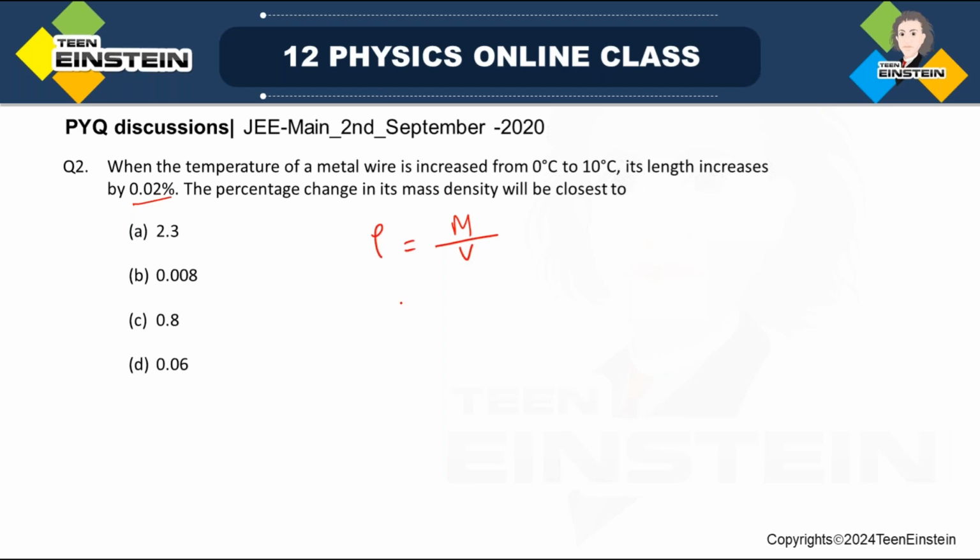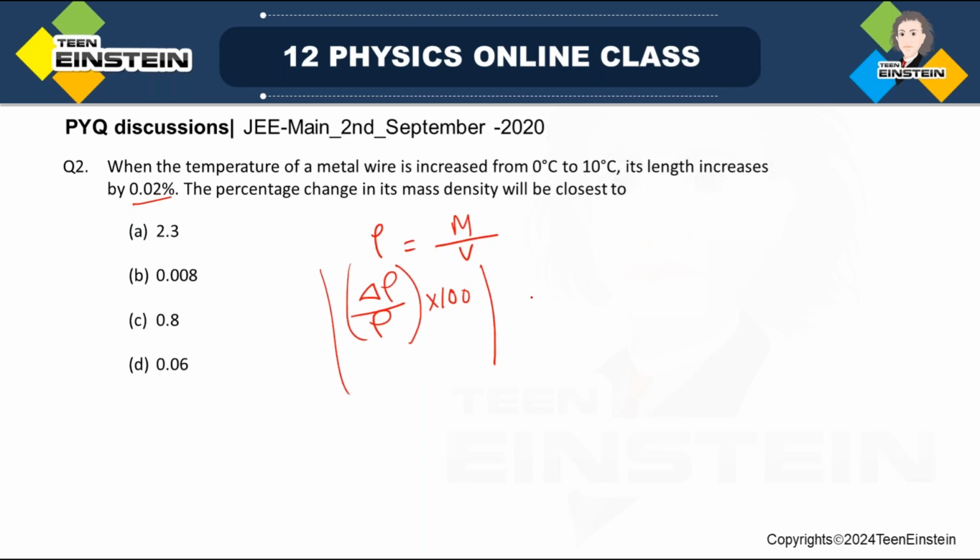Mass density is m by v. I have to find out the percentage change. That means this is delta rho by rho. In the first chapter itself, where you learn various types of error, we do percentage error also. You have to multiply 100 with the modulus.